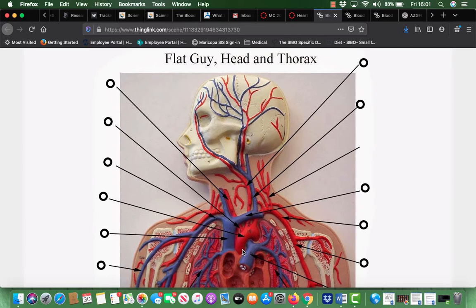So what I want to do is show you how to go through these vessels and tricks to how you might remember them. These are all links that are linked through your Canvas module, so you can get to these pretty easily. I'll go through all three of them, and I'm going to start with the more superior vessels.